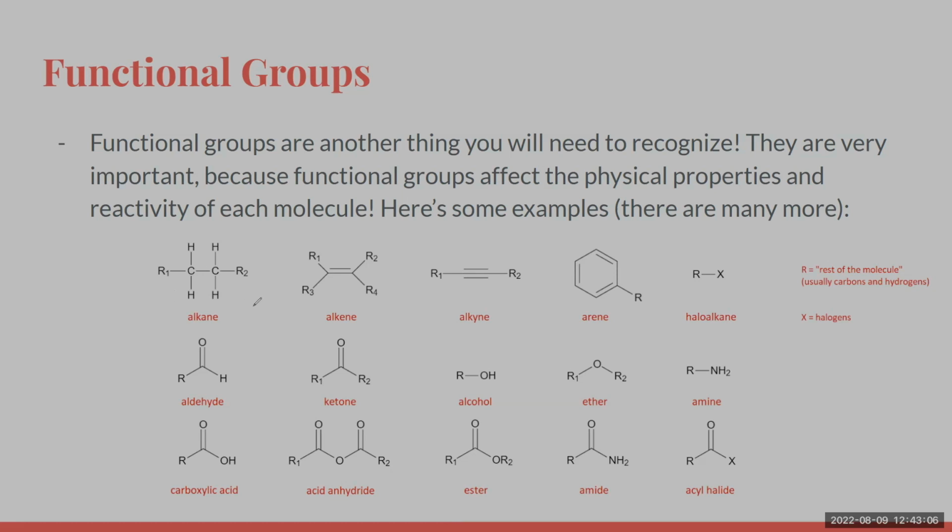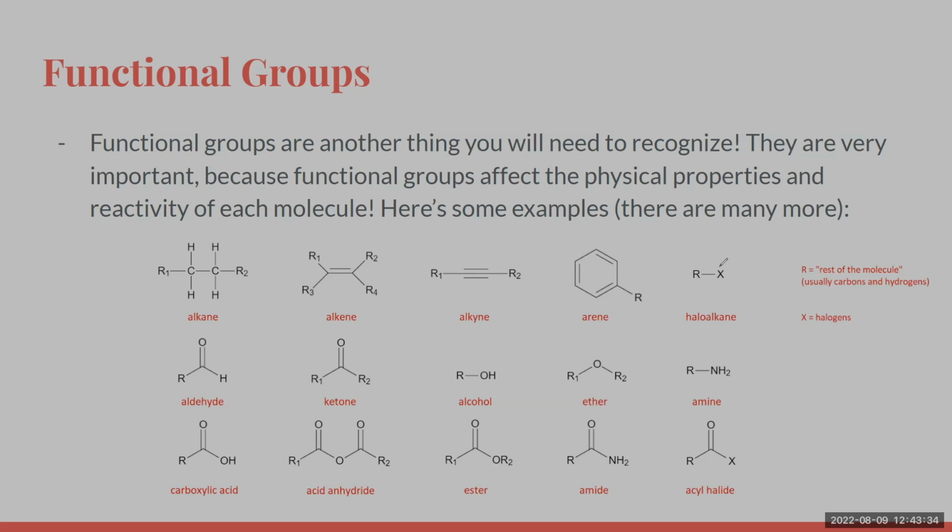There's actually a lot more, but here are some of the more common ones that you might see. So we can see there's alkanes. That's just what we've been drawing in the previous slides. Alkenes, once again, and alkynes, we've been drawing those. This ring right here, the cyclohexane with alternating double bonds, is an arene, or they also call it an aromatic ring.